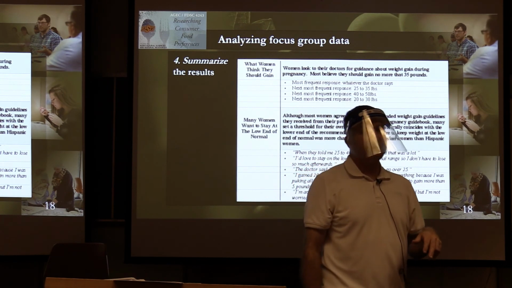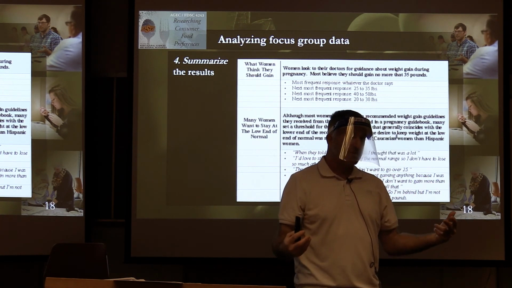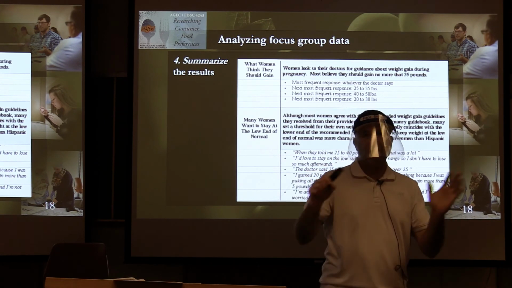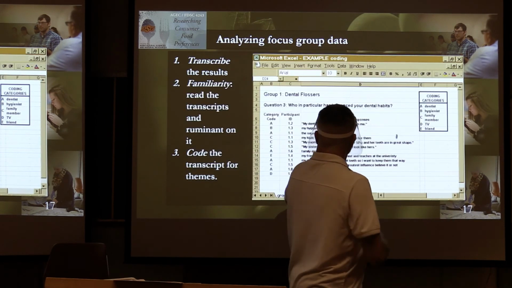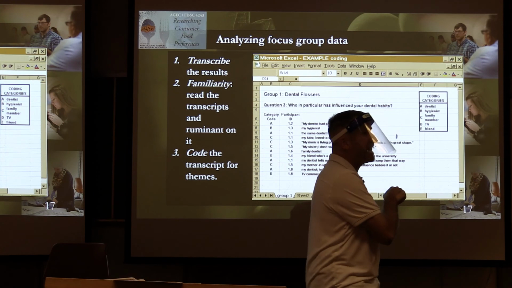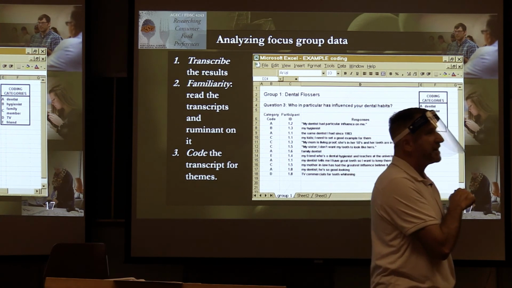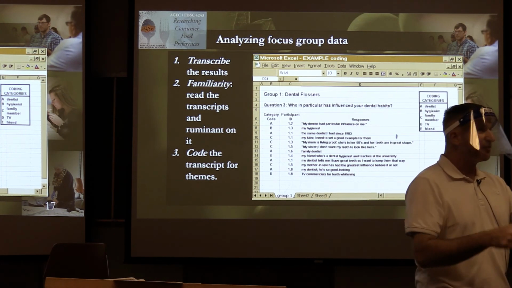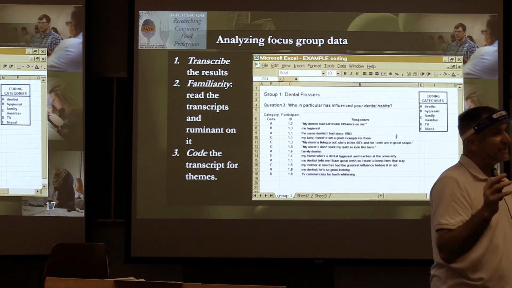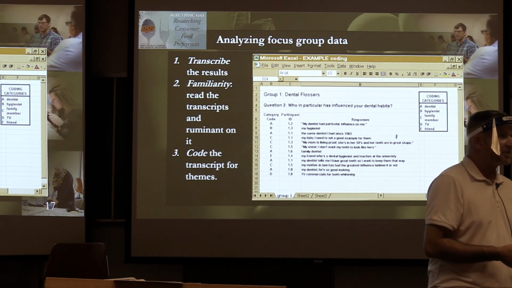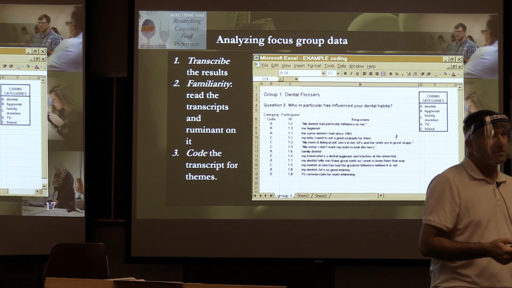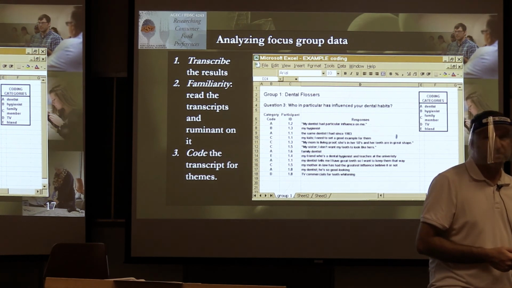And here, you remember I said the importance of research is completeness and clarity. This is the completeness part. You're transcribing everything that was said. Somebody's reading, and usually for coding the themes, you have 2 coders to make sure that the results of the code isn't just one person.